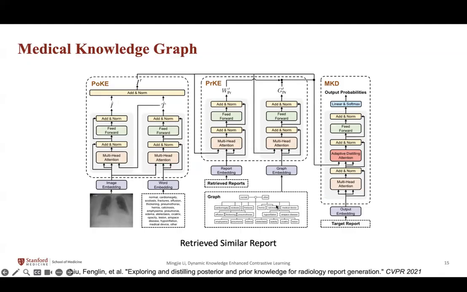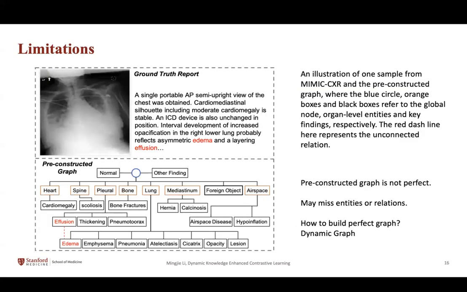They use this knowledge graph to enhance the visual and textual features. It also introduced a very successful concept, which is to use the retrieved reports to get some keywords to enhance the medical images. And we also follow this successful concept.